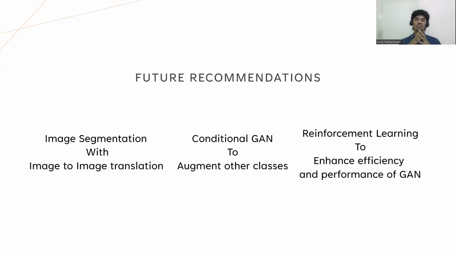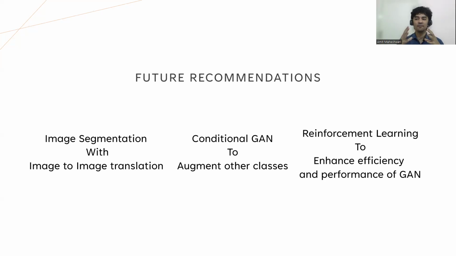And the third one is the most interesting, and we also did some research on it in our current research: utilizing reinforcement learning. Reinforcement learning can be utilized to further enhance the clarity of the image.